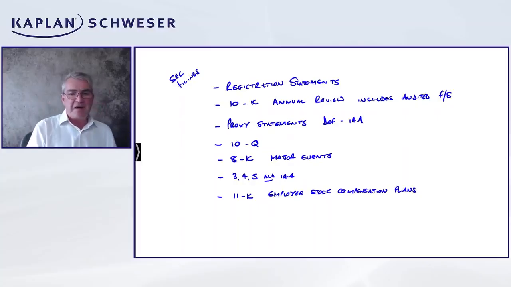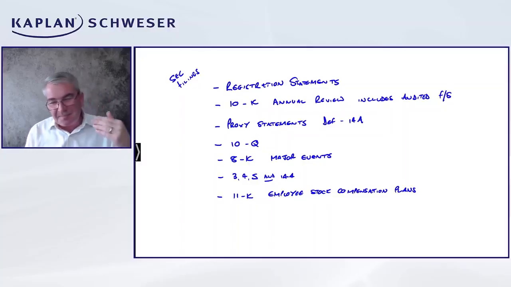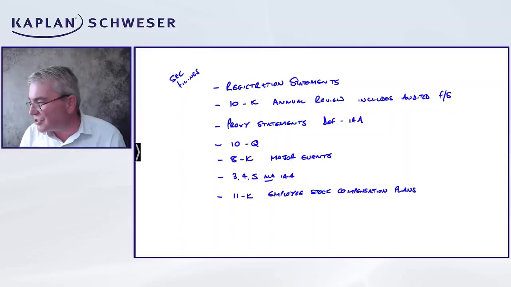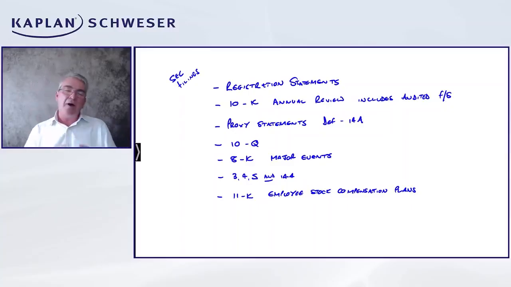3, 4, 5 and Form 144, and again I wouldn't worry too much about the numbers here, but these are all to do with shares being traded essentially. What are we going to see particularly in Forms 3, 4 and 5? Major shareholdings. Now, what is a major shareholding? Essentially, you're a major shareholder if you own greater than 10% of a share class.